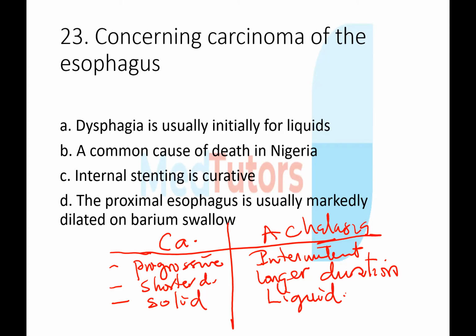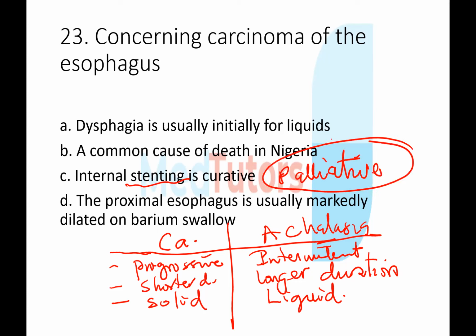Internal stenting is for palliation. It's palliative, not curative. For those in whom you cannot resect the tumor completely, you just pass a stent to bypass the obstruction.